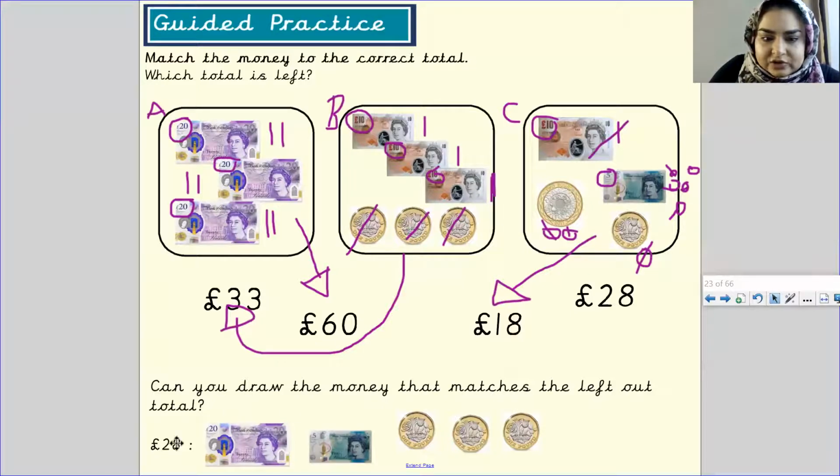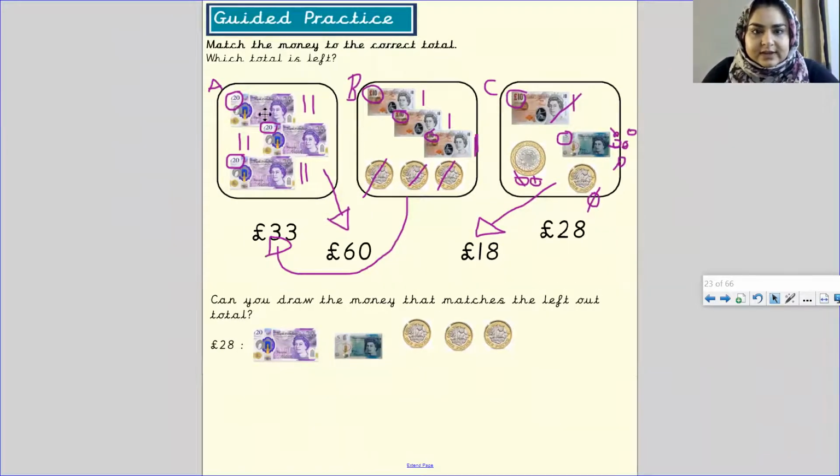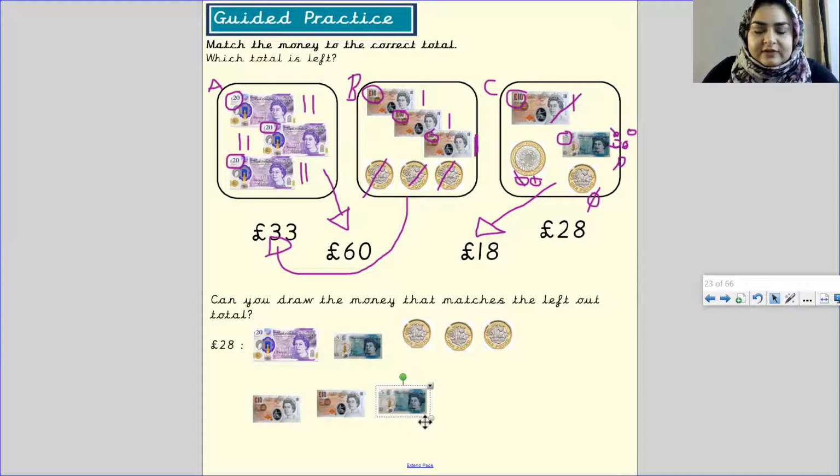Another way I could do this is, just make it smaller for you. Another way I could do it is using 2 10s. So 10, 20, 25.